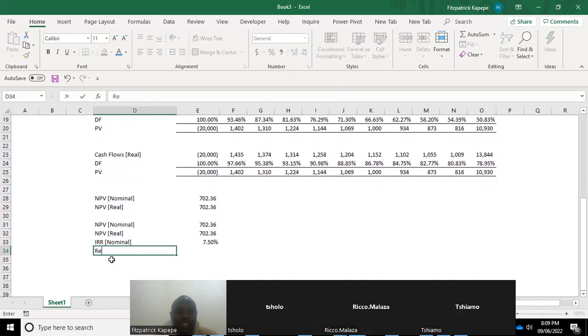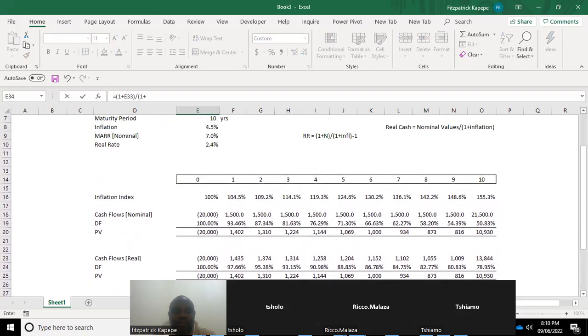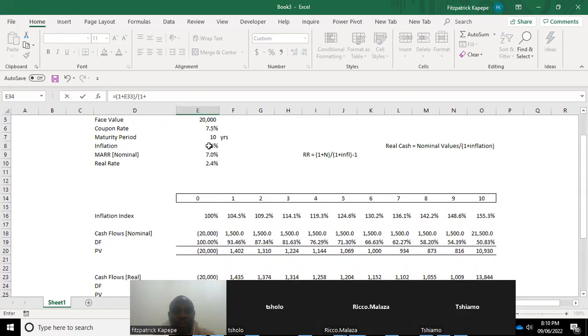So for the real rate, suppose I do this and just check. I use this one on nominal, if I use the nominal down there, what am I going to get? Just give it a try. 1 plus that divided by 1 plus inflation minus 1.